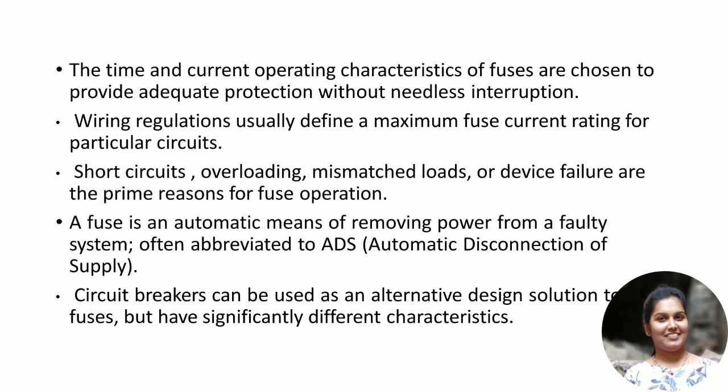The wiring regulations used will define the maximum fuse current rating of the particular circuits. This point we also discussed in the previous session, that is, the fuse current rating will be decided by the wiring regulations of the load connectivity, and the fuse for a particular component will be defined by calculating its fuse current rating for the particular load.